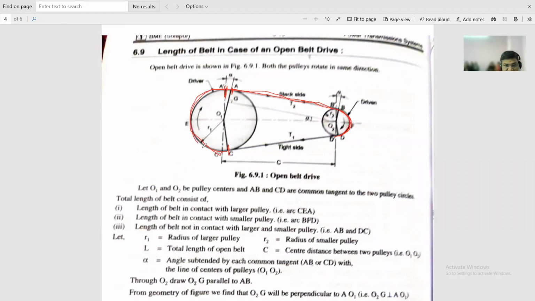And that's why this equation has in existence.